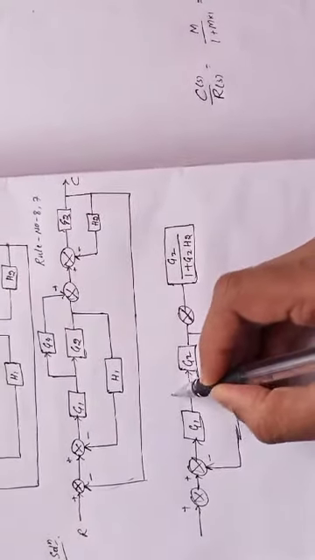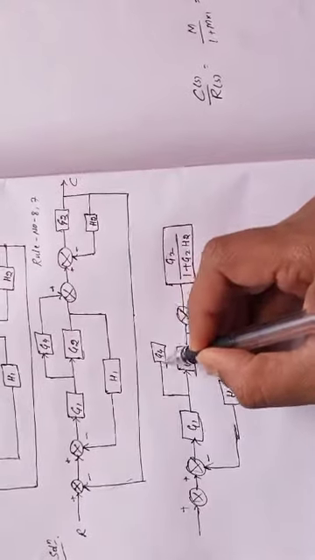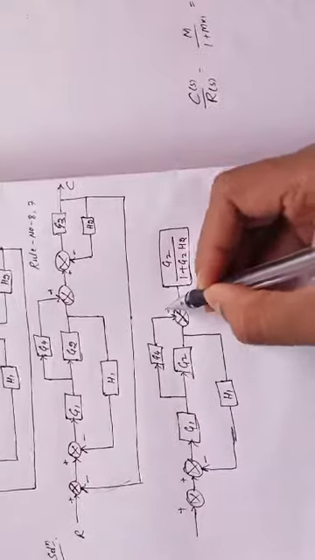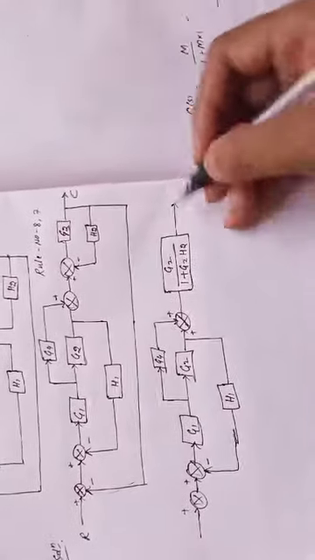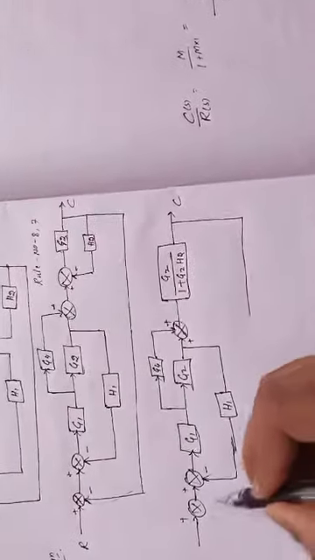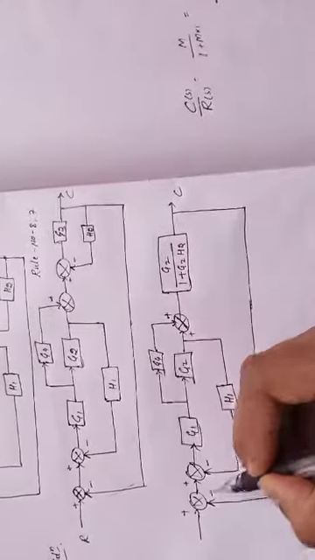Now this is the forward path having a gain G4, and it is connected to this summing point having a positive sign. This is the output, and still unity feedback is given like this.